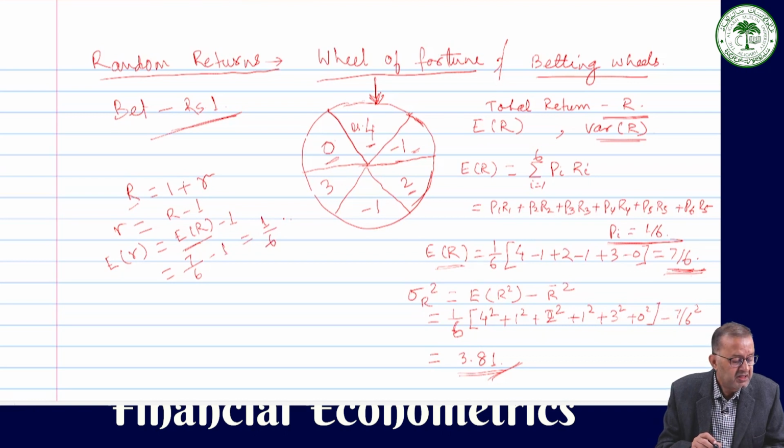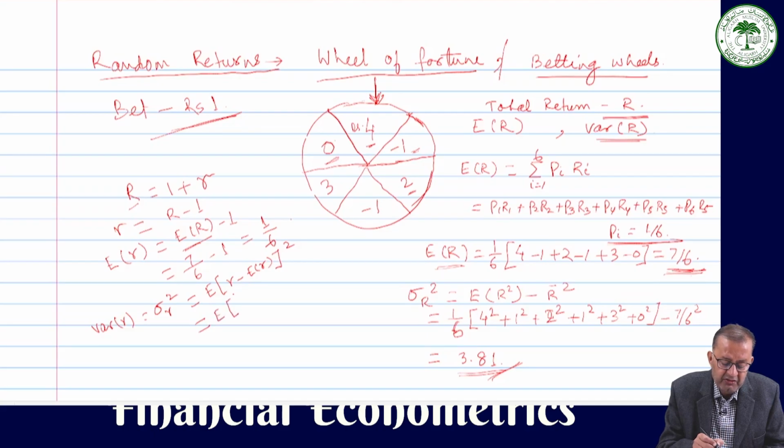Now, what about this? Sigma r square or variance of r is equal to expected value of r minus expected value of r whole square. Clear? So, what is this?